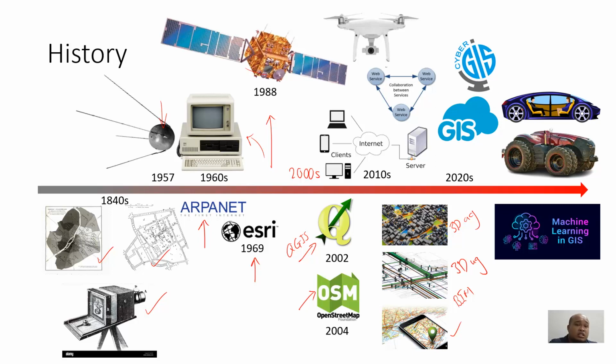Then this is the current technology which we are using, called cloud GIS, where all the data is not stored in the personal computer or the personal hard disk itself.